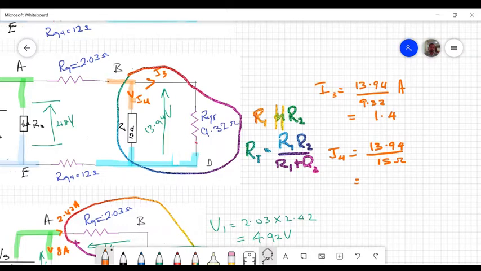Let's call it 1.5 amps. And the other one is 13.94 divided by 15, and I get 0.93. So I can go immediately write them in. I3 is equals to 1.5 amps and I4 is equals to 0.93 amps.